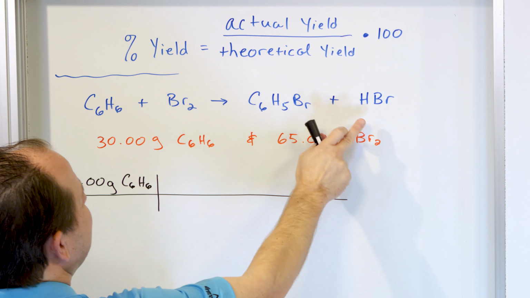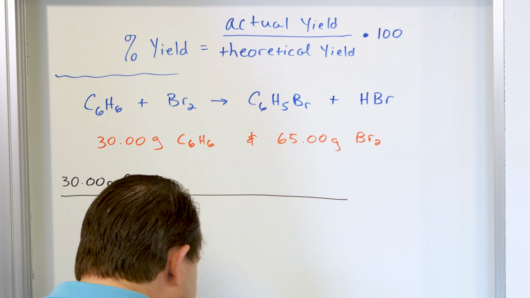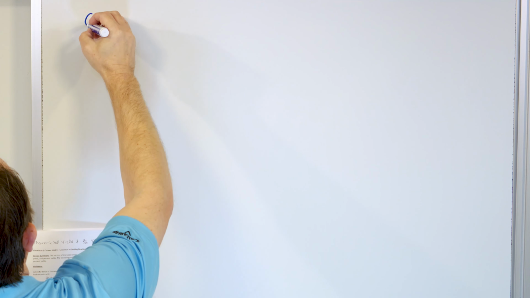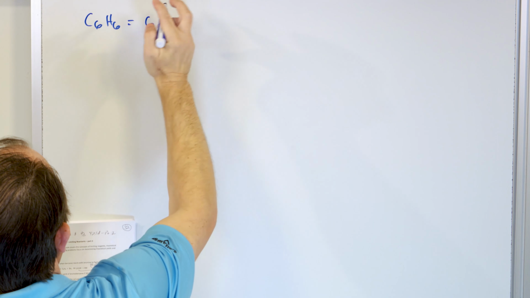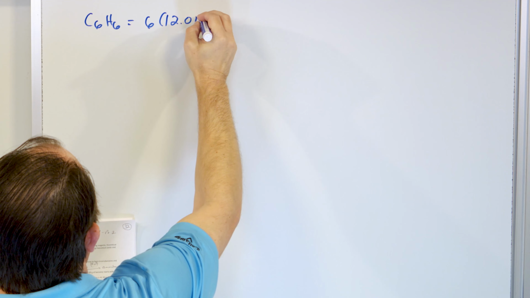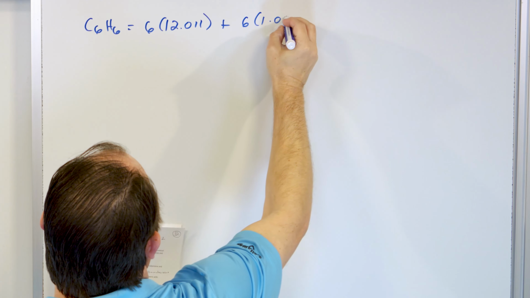All right? So we have 30 grams of benzene. In order to use the reaction, I have to go to moles, and I have grams. So we're going to go to the other board, and we're going to figure out what the molar mass of benzene is. So we have C6H6. That's 6, and then carbon is 12.011. I happen to remember that. And then 6 of hydrogen, I remember that one too, 1.008.